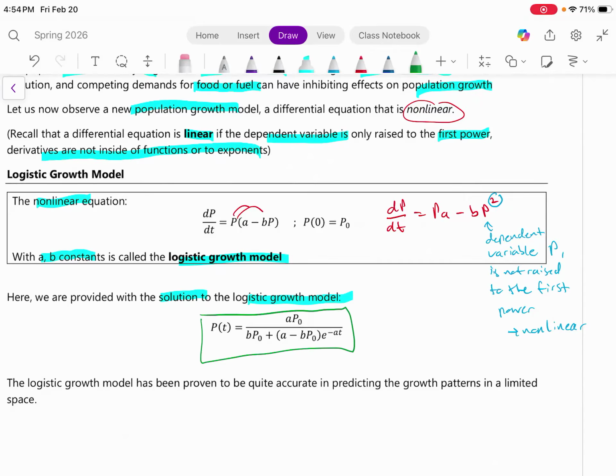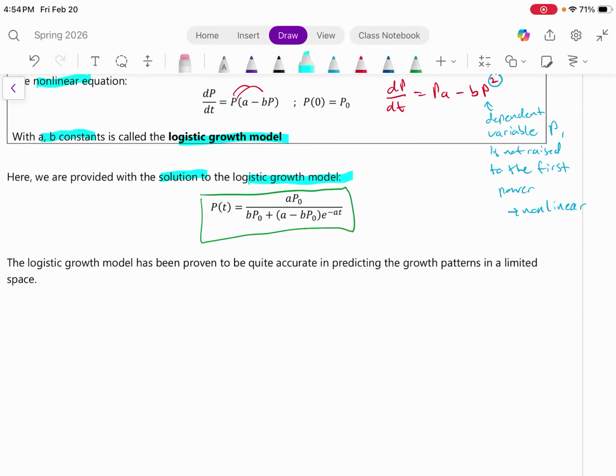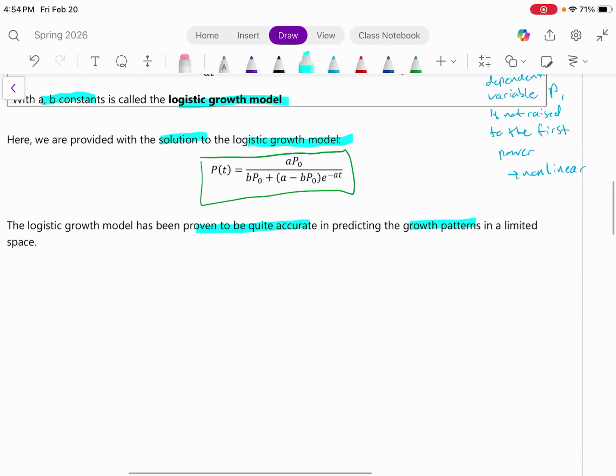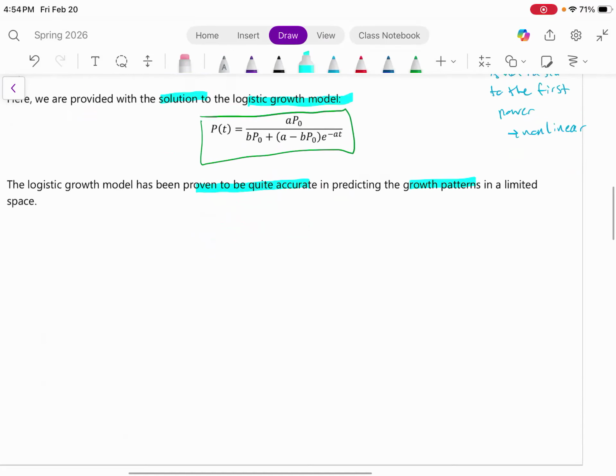Developing this solution takes a bit of work, and it's a good task to handle if you're up for it. But for now, we're just going to use this solution as given. So why has this logistic growth model been proven to be accurate for growth patterns in a limited space? Let's look at a visual demonstration of this.